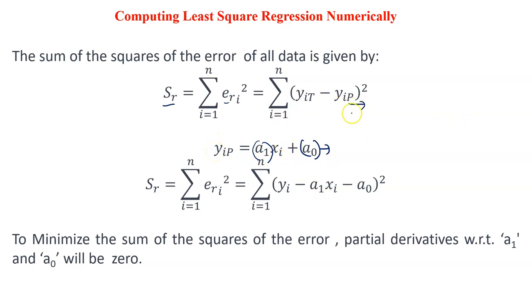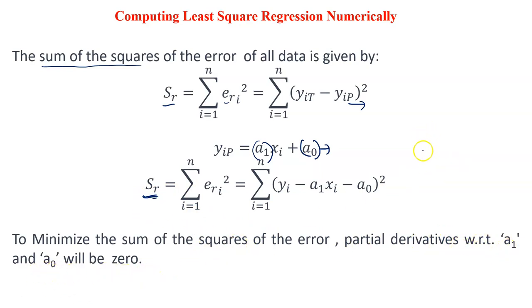Now if we plug in that YIP, we get SR. SR means the sum of the square of the error, that is the summation from 1 to n of ER squared, equal to YI minus A1 xi minus A0, squared. To minimize the sum of the squares, the partial derivatives with respect to A1 and A0 must be 0.